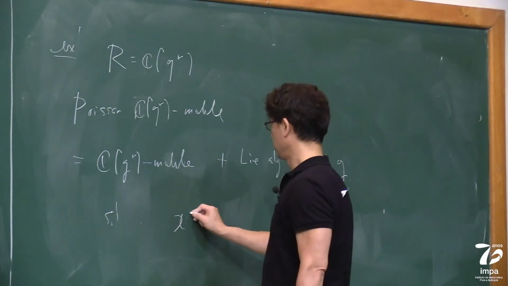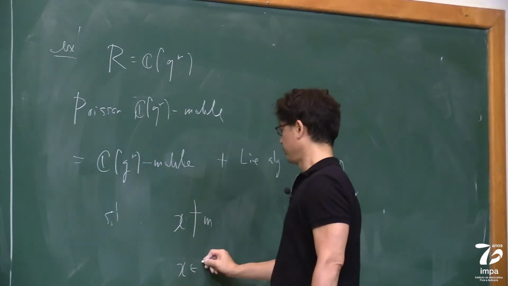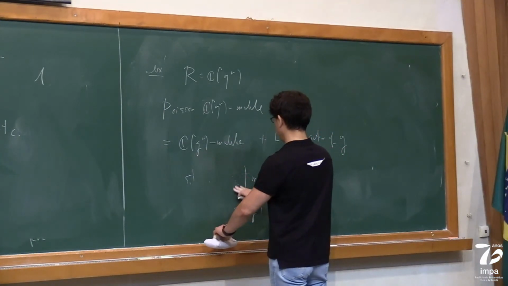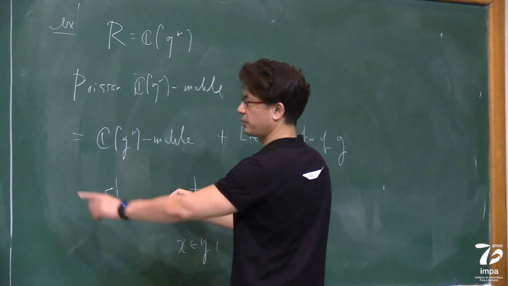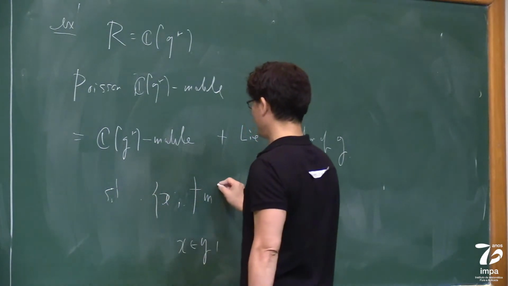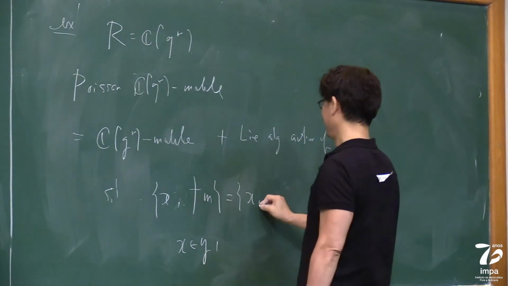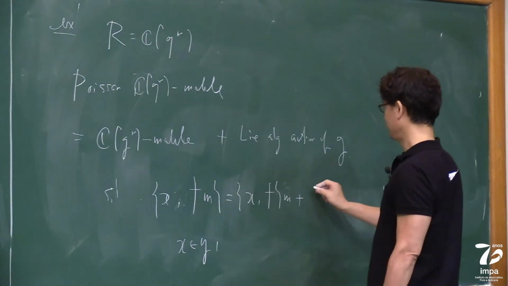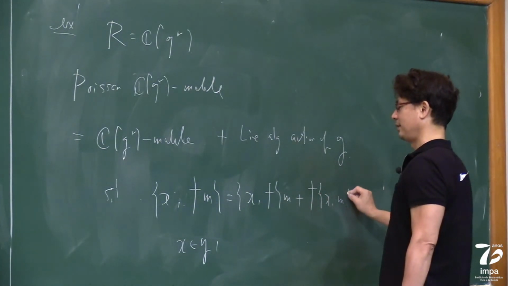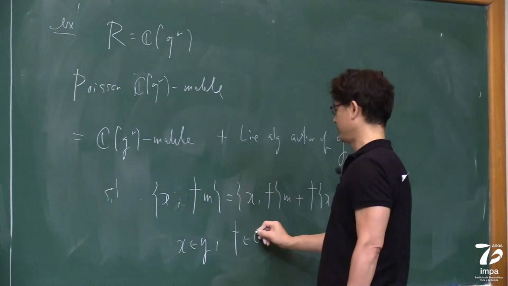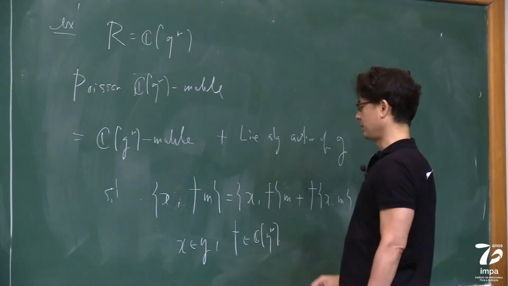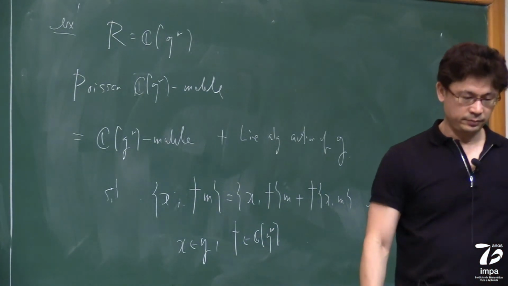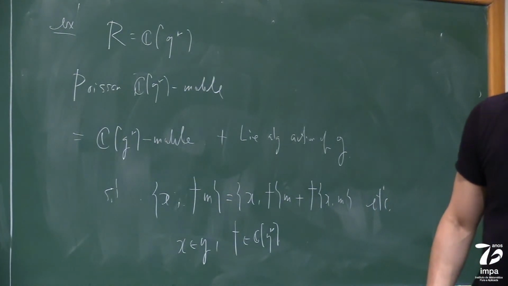So if X is an element of g, the same formula, maybe I don't have to write it. If it is an element of C[g*], and so on. But this formula looks quite familiar.